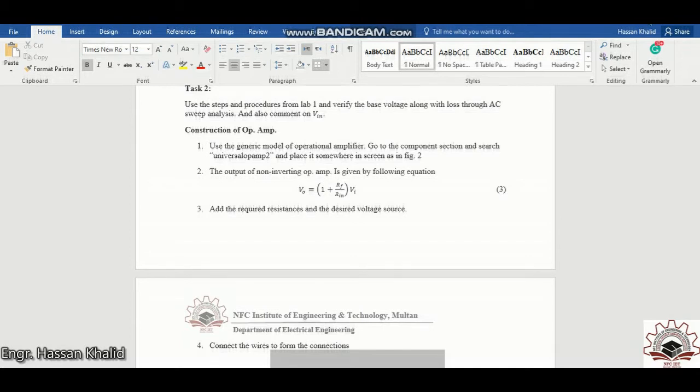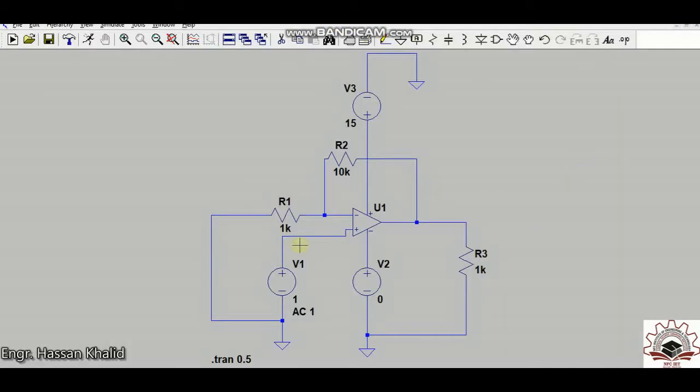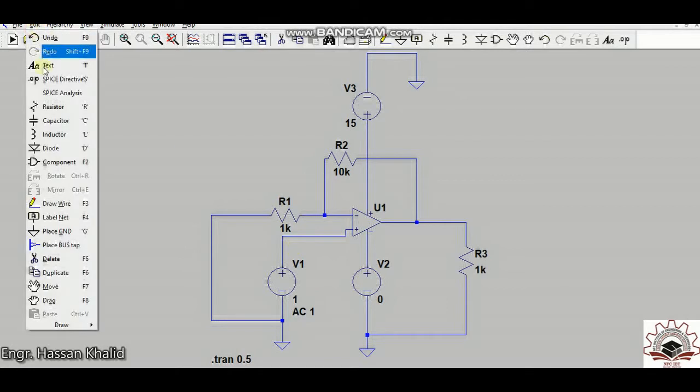LTSPICE software. I hope that you are all aware of finding the components using the edit prompt, and there are all kinds of required components such as the resistor, capacitor, inductor, diode, and the component box, which comprises all kinds of voltage sources, as per your requirement.